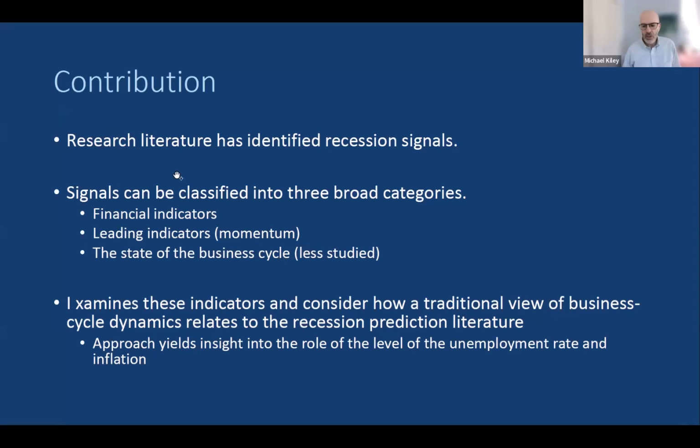So my contribution is to go back to the research literature, think about what has been identified as recession signals, and I'm going to broadly categorize them into three categories: financial indicators, leading indicators of the business cycle, or time series that capture momentum and whether or not an expansion is likely to continue or a recession is likely to begin, and signals of the state of the business cycle.